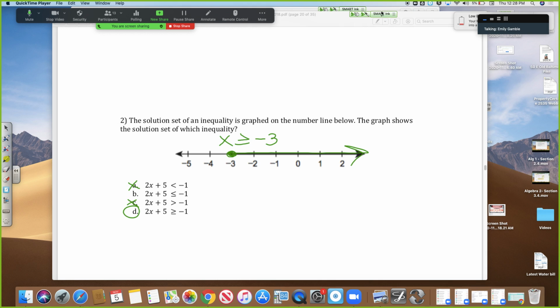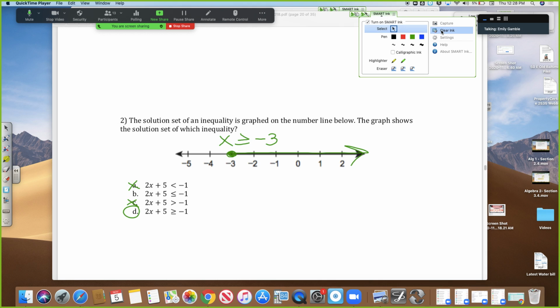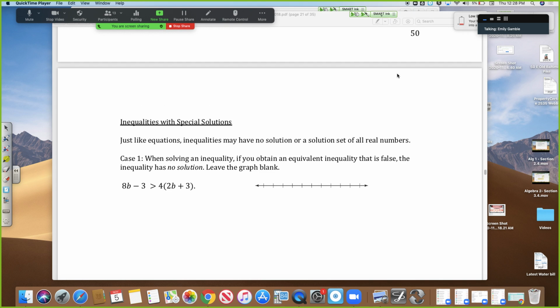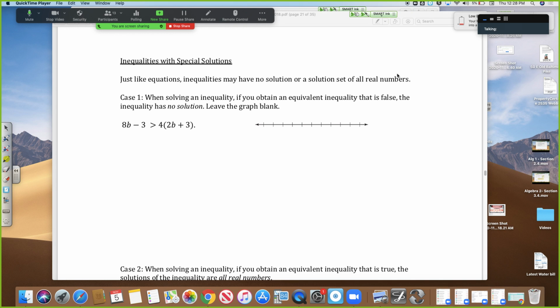All right, so flip this over to the next page. Let's do some notes. There are special situations when inequalities have no solutions or infinite solutions.